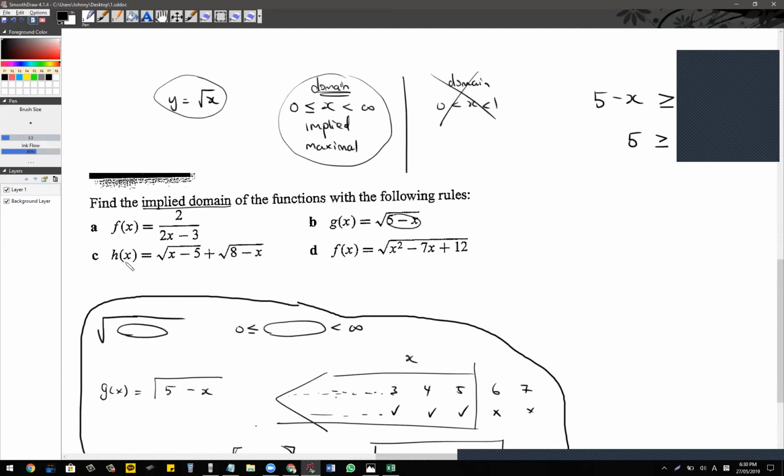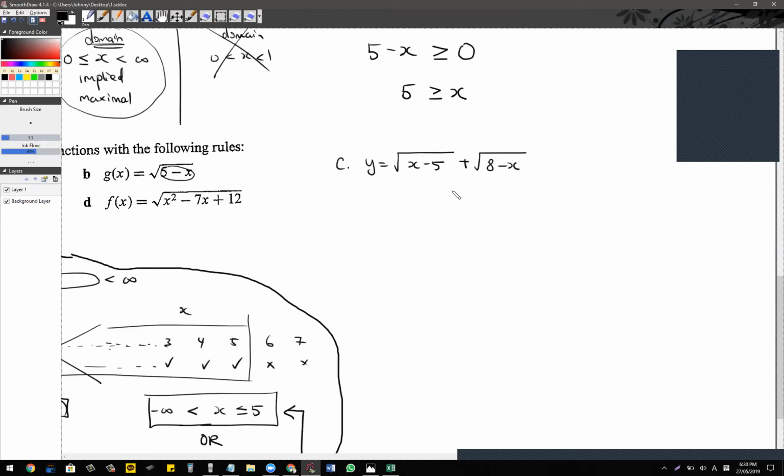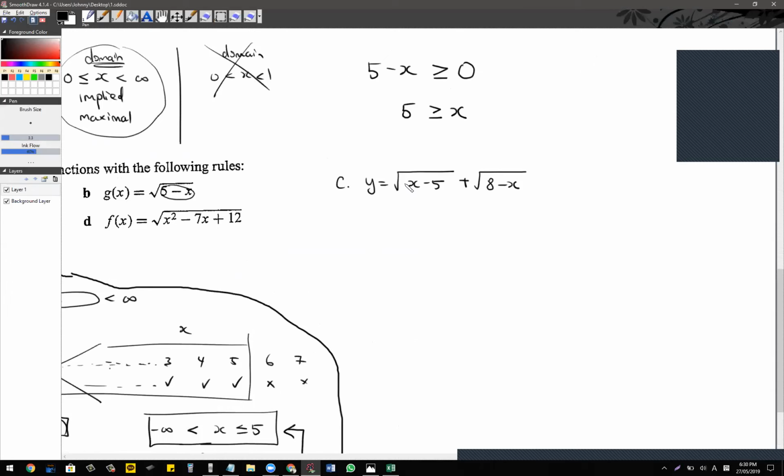Now we can try C. So we've got y equals root of x minus 5 plus root of 8 minus x. Okay, so we know that whatever is inside of the root must be greater than or equal to 0, like this.